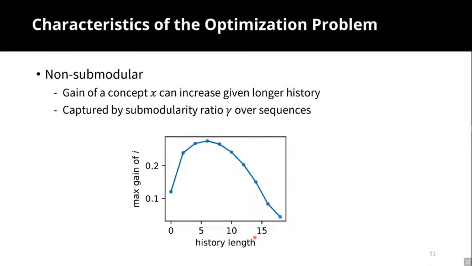Because if we pick an item, the item could have a higher gain in the future. And we don't have much confidence in whether we're making a good choice of this particular item at the current timestamp. But we can quantify the degree of violation of this diminishing return by looking into this notion of the submodularity ratio.